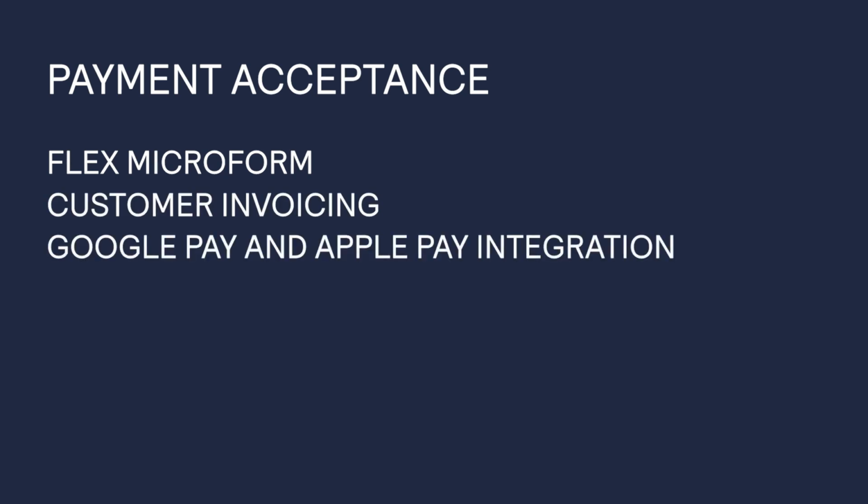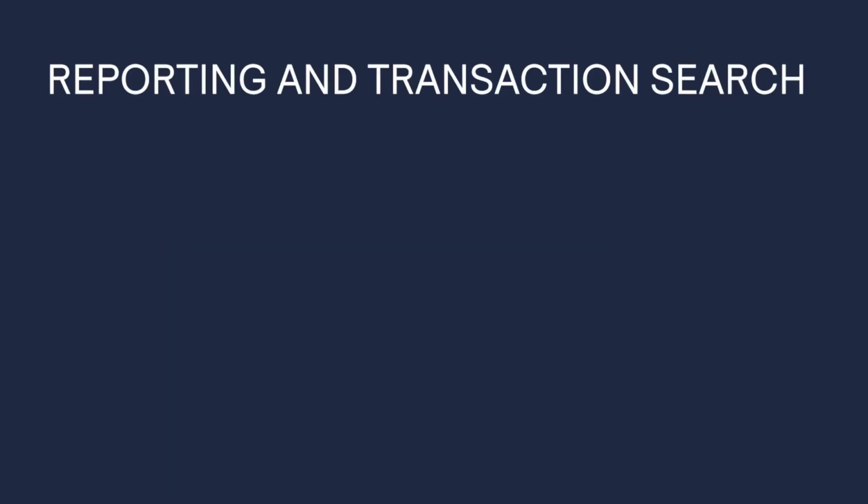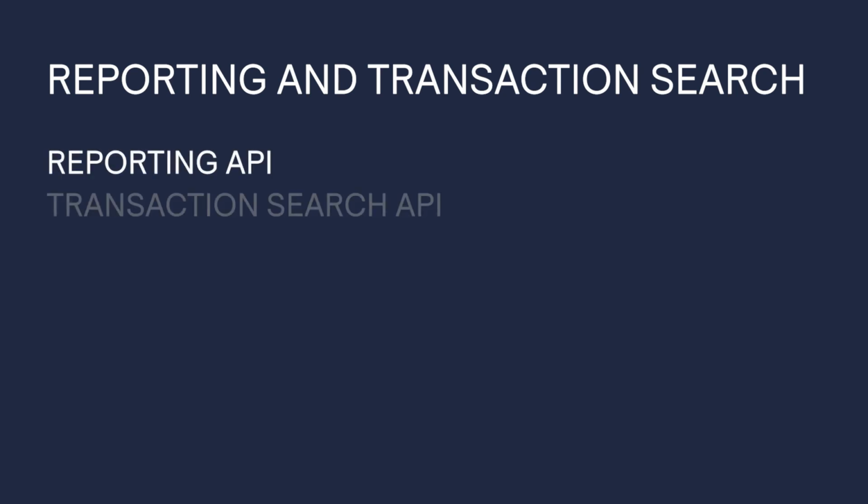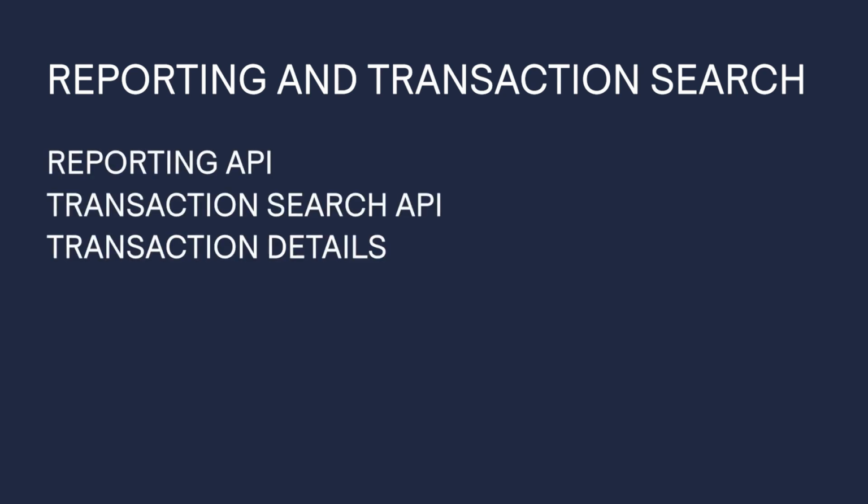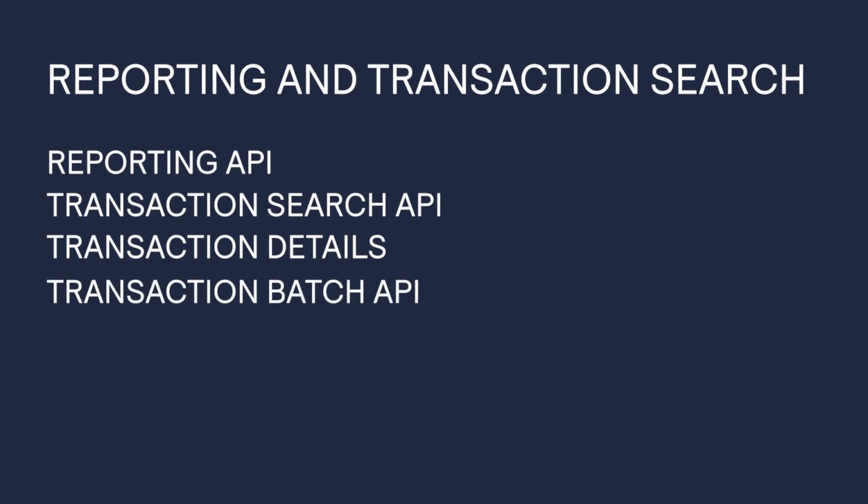The payment acceptance section includes Flex Microform, custom invoicing, and you can also learn about Google Pay and Apple Pay integration types. Finally, we have the reporting and transaction search section, which allows you to see the reporting API, transaction search API, transaction details, and transaction batch APIs.